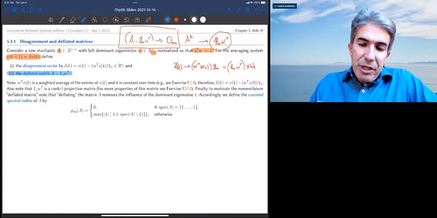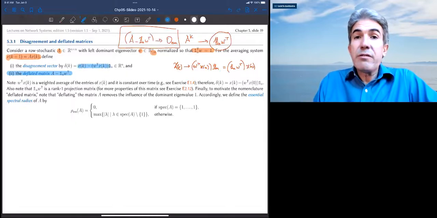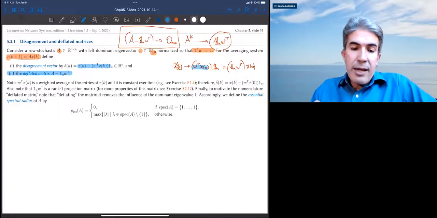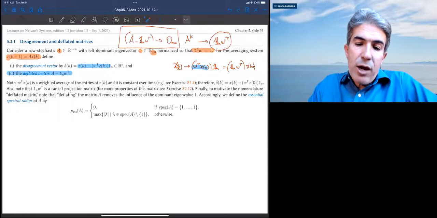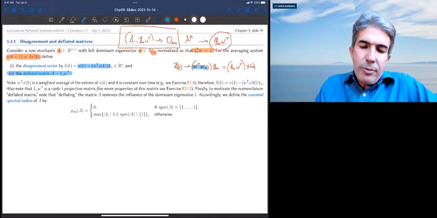And in the same spirit, I can take the vector x and subtract from it the value to which it will converge, and more specifically, I will subtract the value at time k, which is W transpose xk. And it's actually really the same. Let me make some comments.